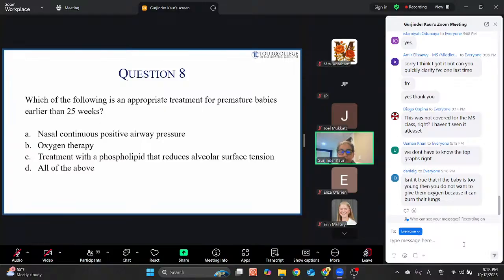You don't give them 100% oxygen, Danielle. I believe it's kept around 20 to 30% to get it going. You want to get the breathing going, because when the baby is born, maybe there was some atelectasis which has already impacted ventilation perfusion, right?